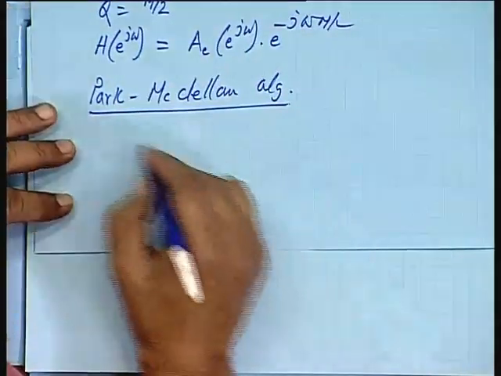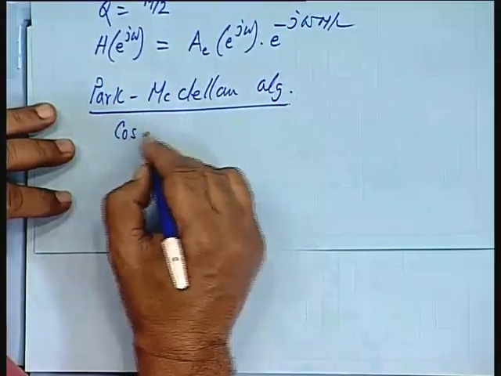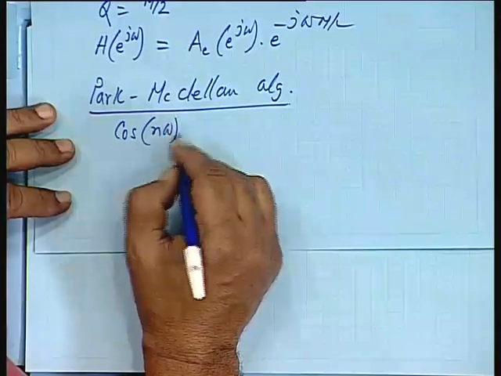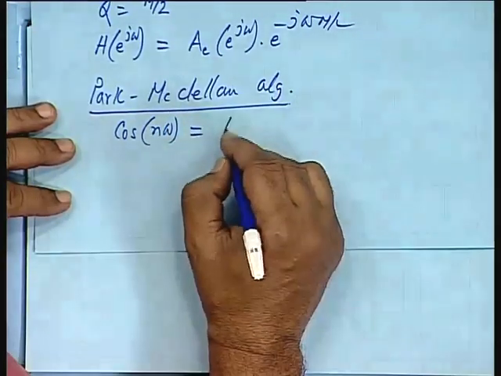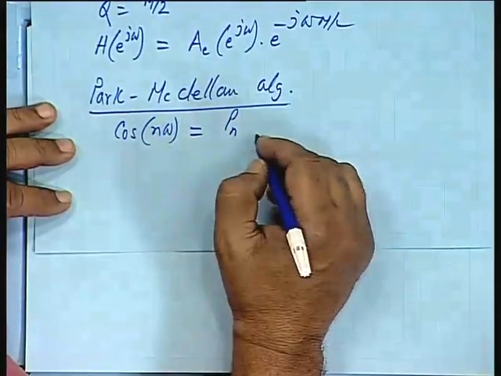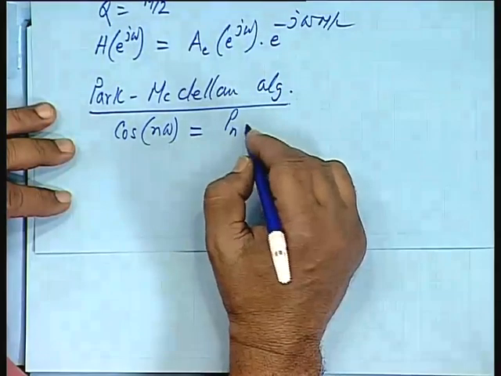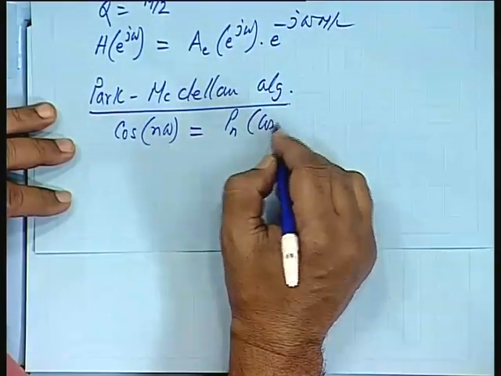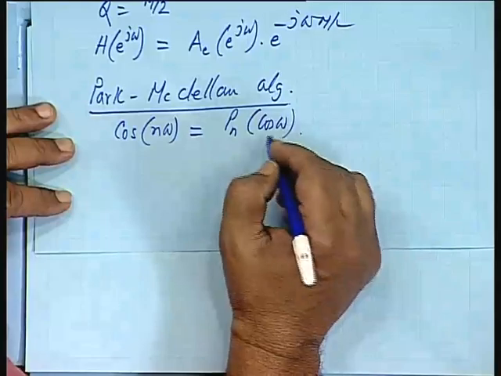What it does is, cosine n omega you can always write as a polynomial of nth degree in cosine omega. This we have seen in the case of Chebyshev polynomial. If you remember, cosine 2 omega is twice cos square omega minus 1, cos 3 omega and so on.